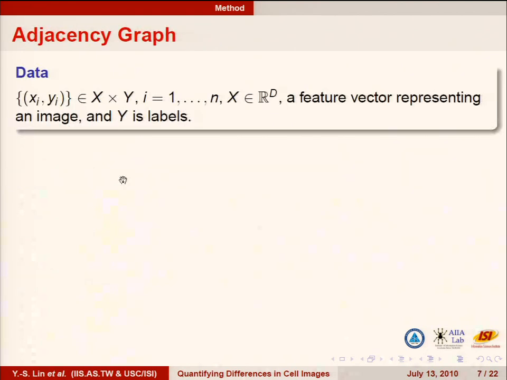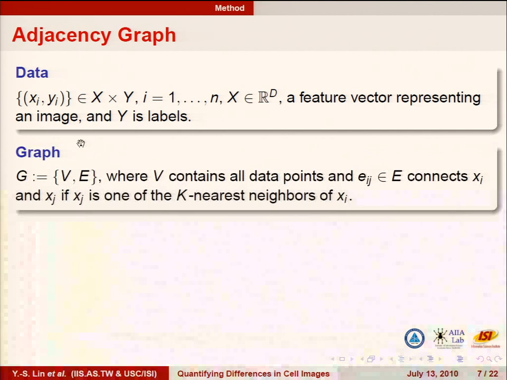We represent these training examples as data points, where X are high dimensional visual feature vectors that represent an image, and Y are labels. Then we connect them into a graph. For each data point, we connect it with its k nearest neighbors in this feature space.